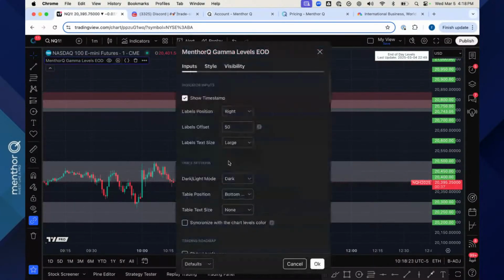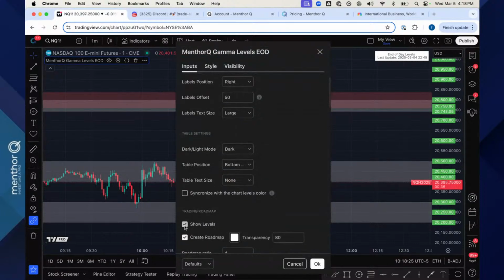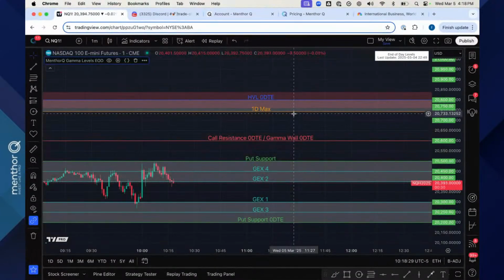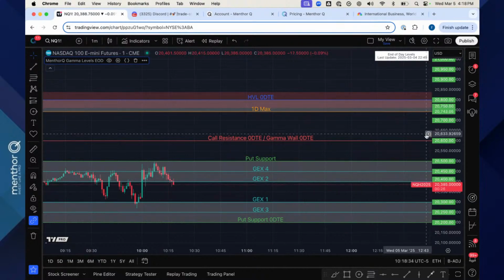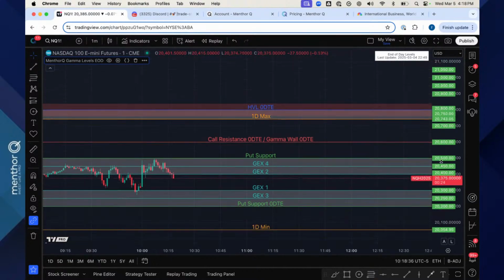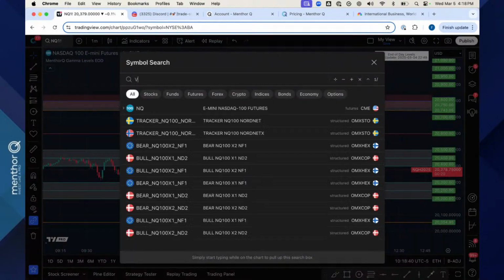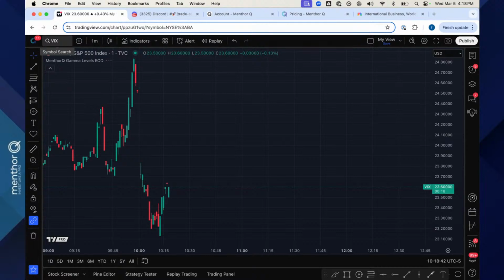Yeah, so at the moment, I would be looking at the VIX. If I would be trading the NQ, for me, really important at the moment is the VIX. So what is the VIX doing? The VIX is at the moment going through the GEX 2 level, end of the day level. And this gives me also a really good confirmation. So, and we're getting out of the box. Is there a really good timing?